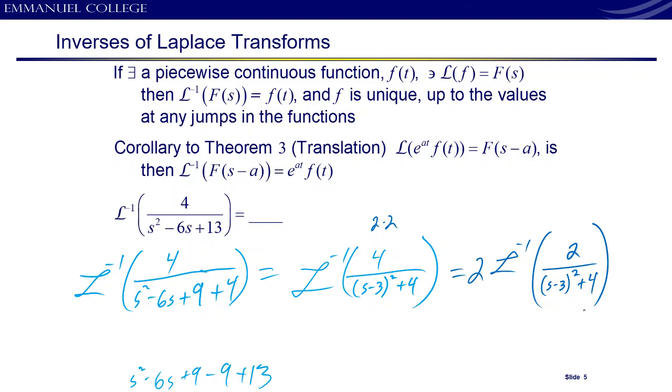That 2 over a variable squared plus 4 is sine of 2t. But because it has this shift, we throw the e to the at in front of it. So it's actually 2 times e to the 3t, because remember the sign changes, times sine of 2t.